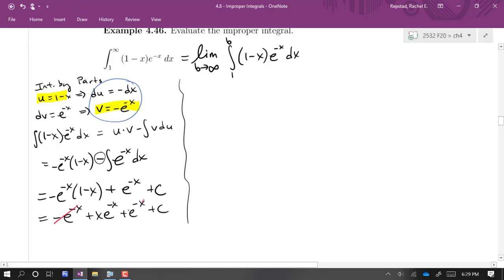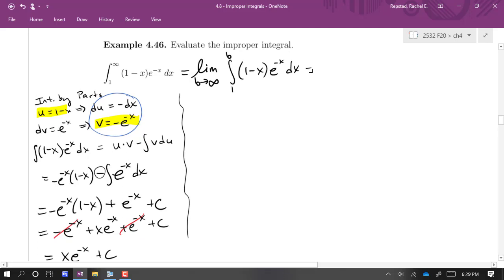We can cancel those terms. So we get x e to the negative x plus a constant. This is the result of how we integrate that function. Now let's use that result.